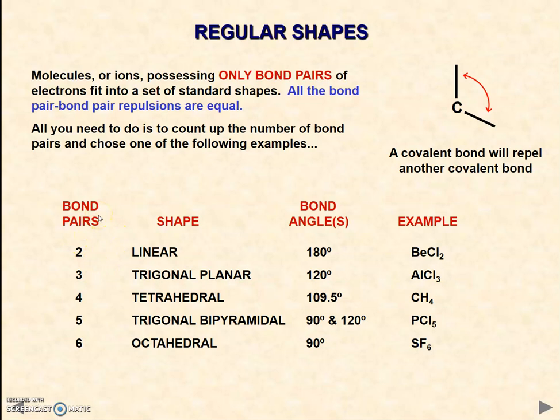So an atom in the middle of your molecule, how many bonds come off it, or how many bonding pairs of electrons come off it. And as you can see, as the number of bond pairs increases, the bond angle decreases. And we're going to go through these examples now.